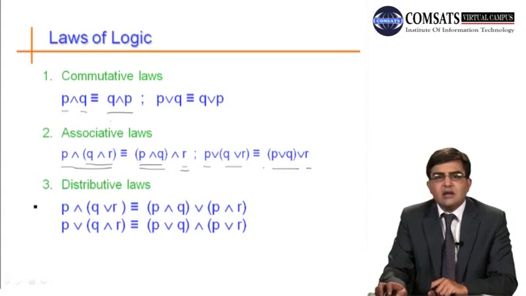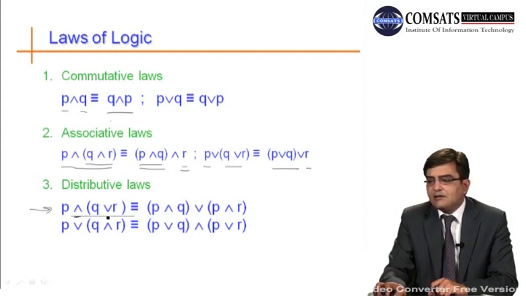The next two laws are called the distributive laws. In the first law we can see that we have a conjunction, and inside the bracket we have a disjunction. Here this law states that P and (Q or R) is logically equivalent to (P and Q) or (P and R).